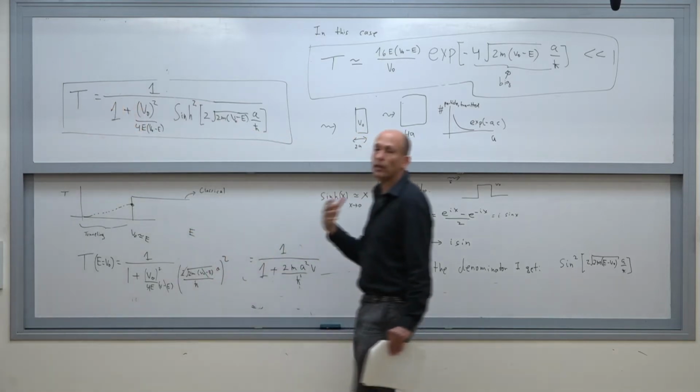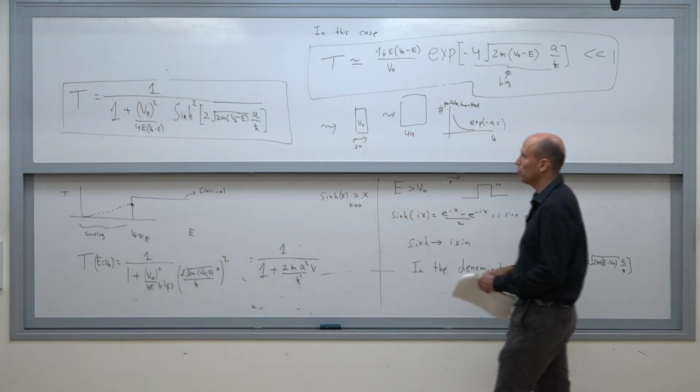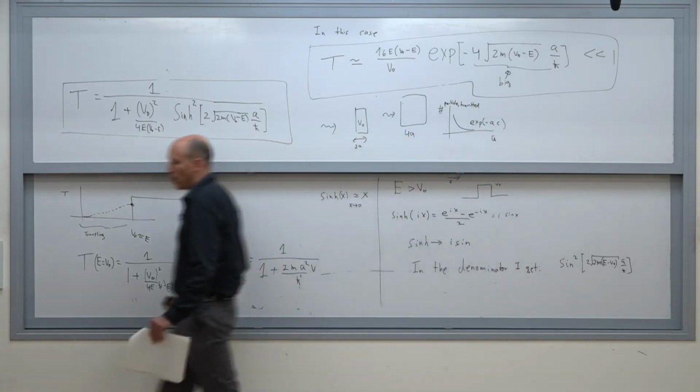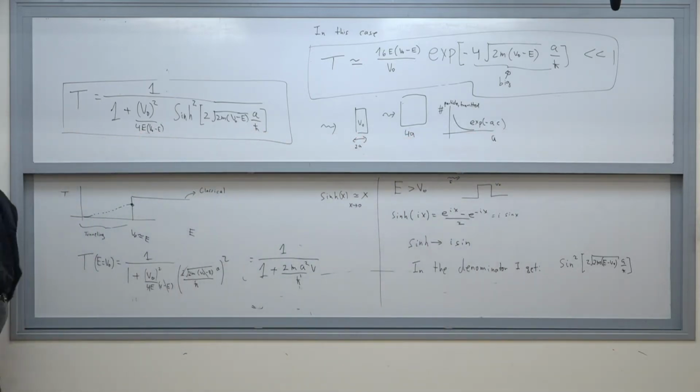When do I get T equal 1? When do I get full transmission? Now it's easy.